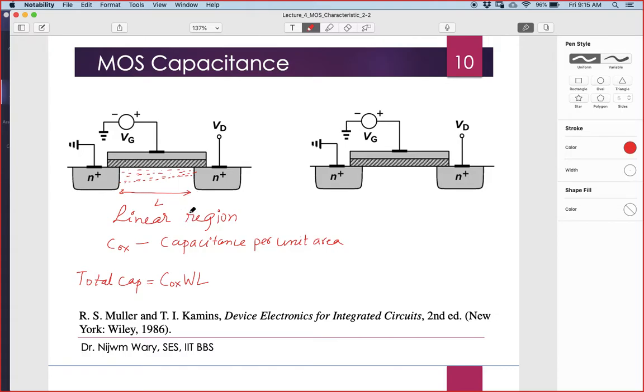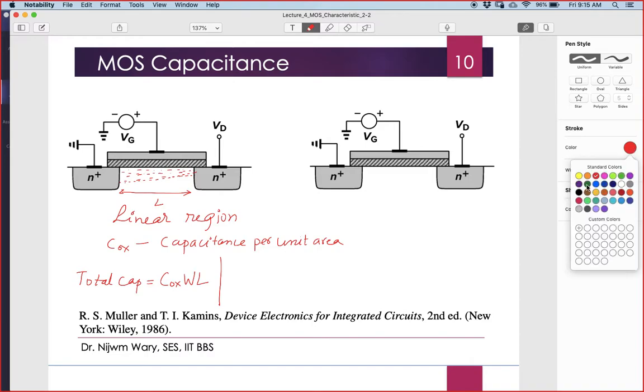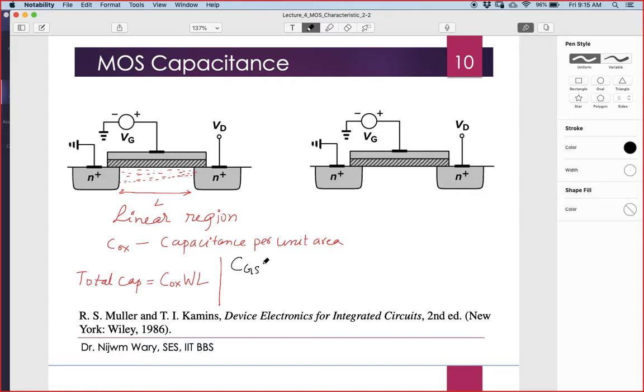So the total capacitance COX WL will be divided into CGS and CGD. CGS will be half of the total capacitance, half of COX WL, and CGD will be half of COX WL.